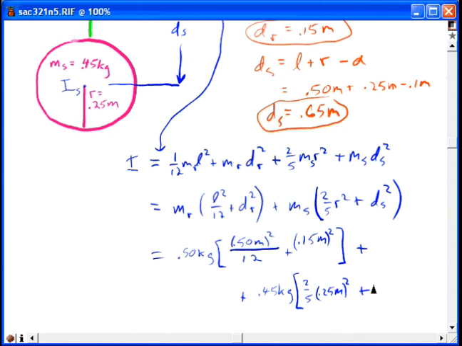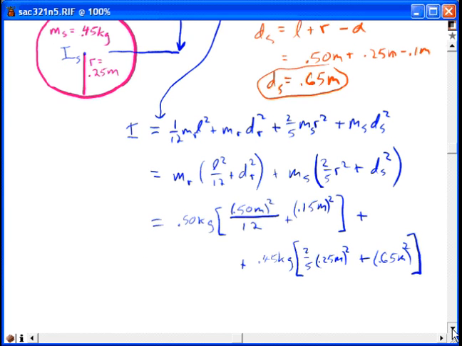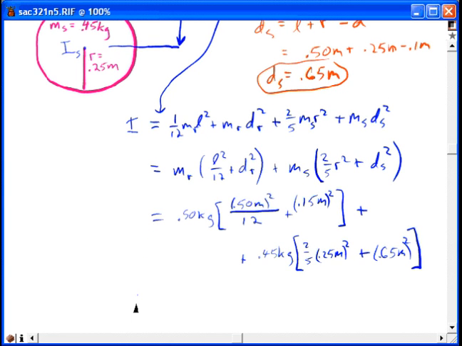And then plus the d sub s we found to be 0.65 meters, and that's squared. So we plug all those into a calculator and evaluate it. And I get a value just above 0.22 kilogram meters squared, which rounds to 0.22 kilogram meters squared.